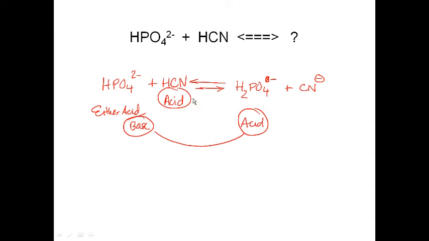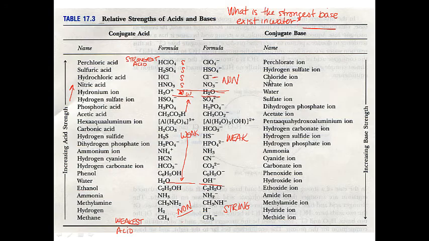What happened with HCN? HCN became the base CN minus, so there's its acid-base conjugate pair. So now let's compare acids. Which of these two acids is stronger, HCN or H2PO4 minus? So now I go back to my chart.